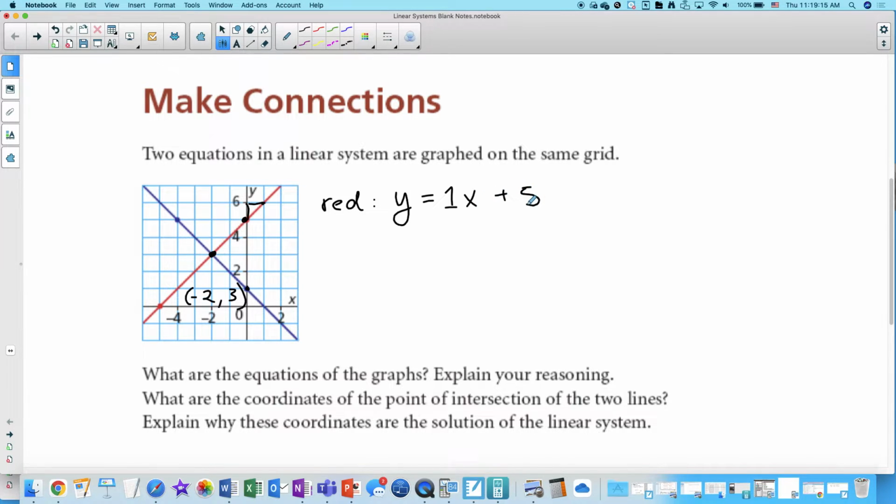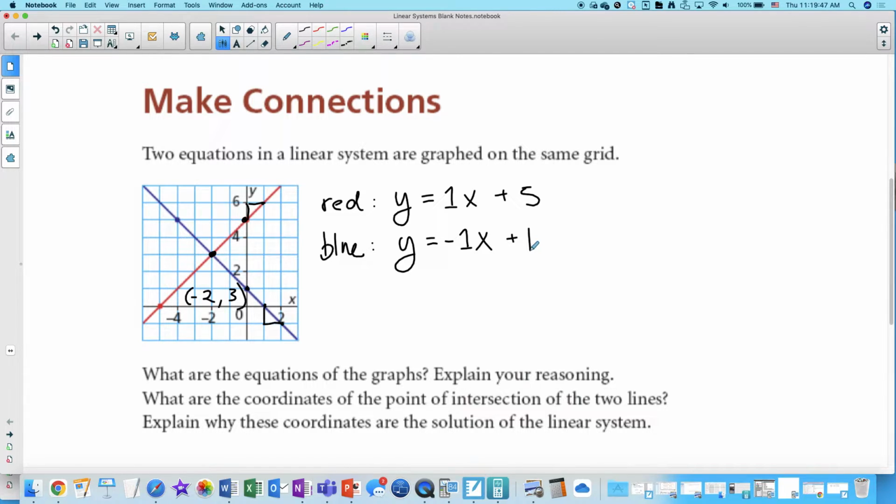Okay, and then for the blue line, let's figure out the slope of this line. Let's say we're going from here to here. I got to go down 1, right 1. So down is a negative slope, okay? And then the y-intercept is 1. Okay, so that makes up this system.